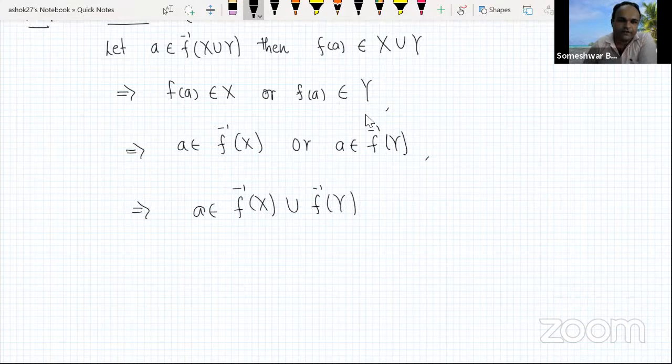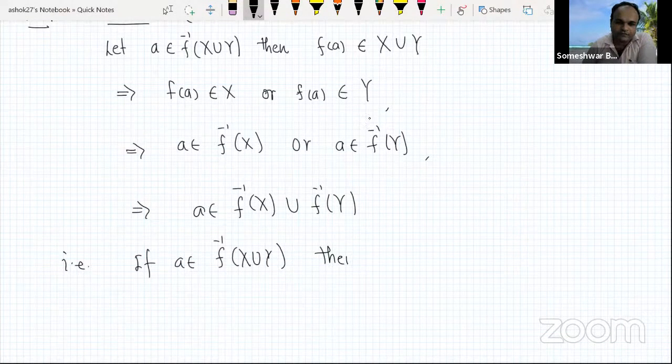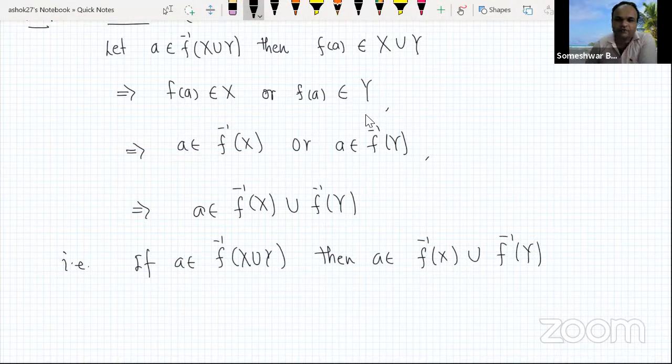So what we proved here is that if small a is an element of f inverse of X union Y, then a is an element of f inverse of X union f inverse of Y. So that is what we have proved here.